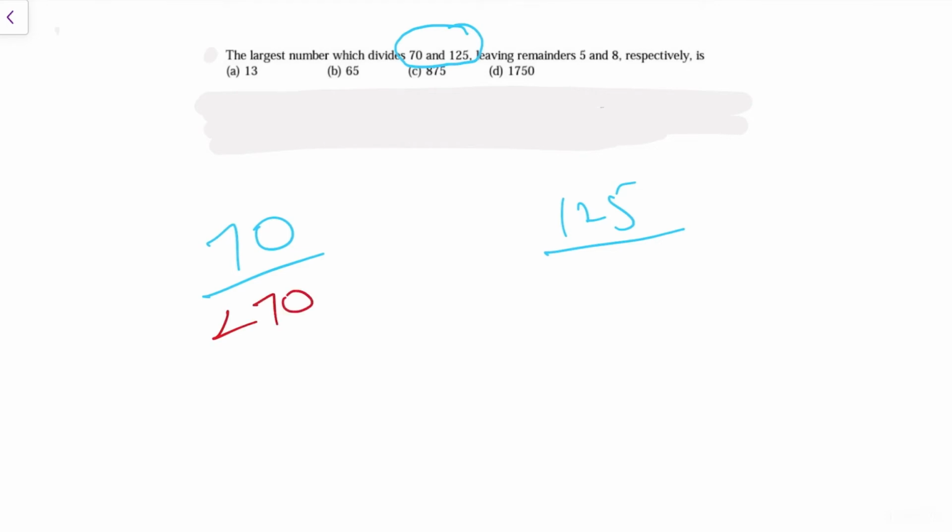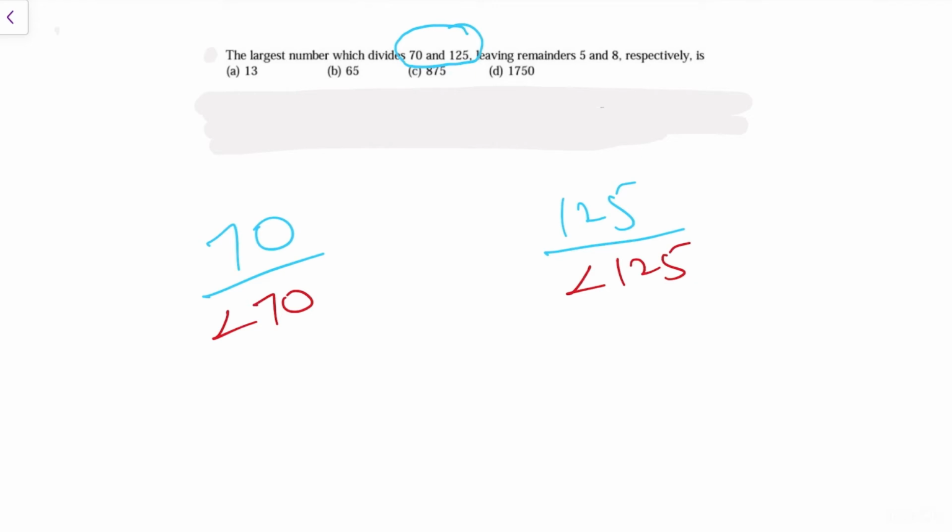The largest number which divides 70 and 125. 70 is divisible by some number, 125 is also divisible by some number. Now to divide 70, definitely this number should be smaller than 70. It should definitely be smaller than 125 also.